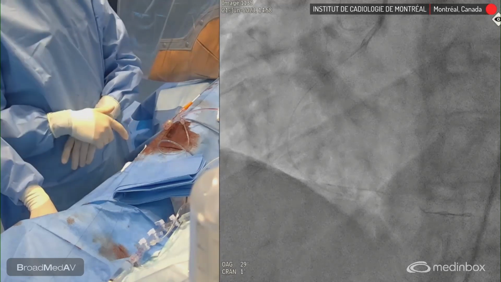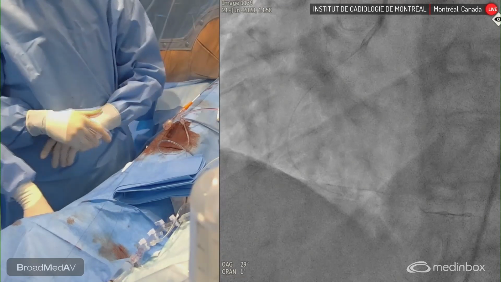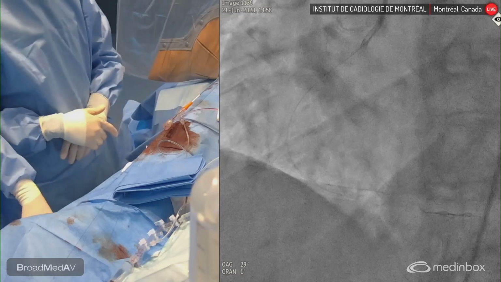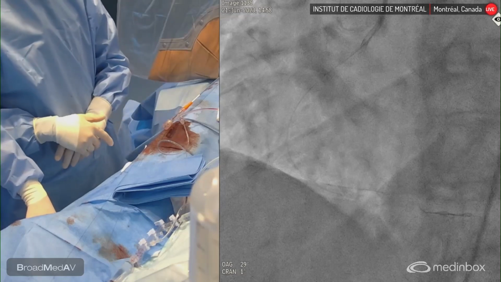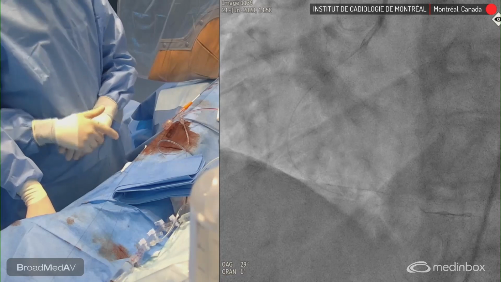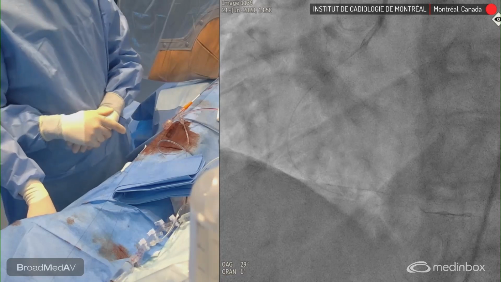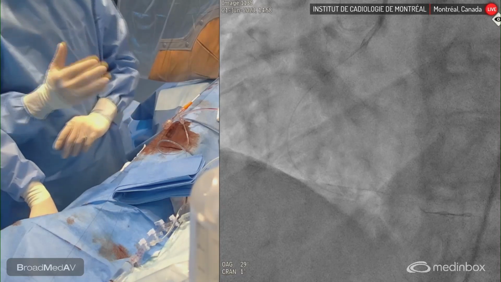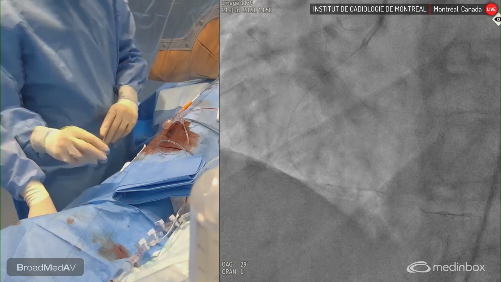So I think we went through all the steps of CTO that we would have done had this not worked, but we were lucky enough that the antegrade wire escalation worked. I think it's a very good lesson that no matter what collaterals you have and how difficult you think it is, you should always go at it antegrade.